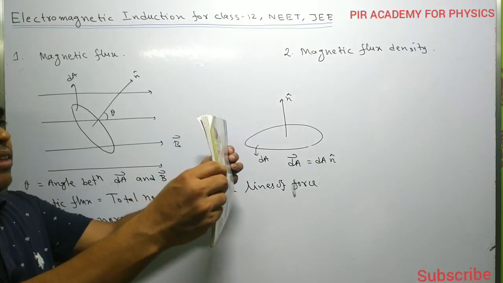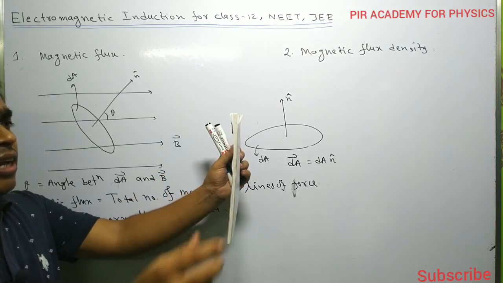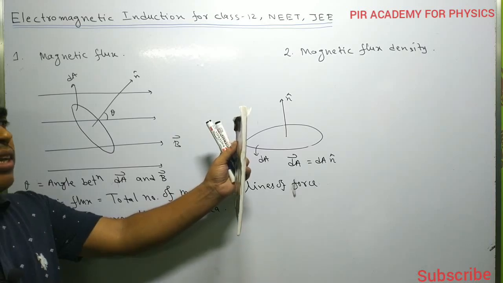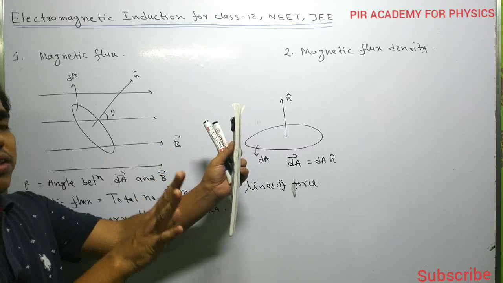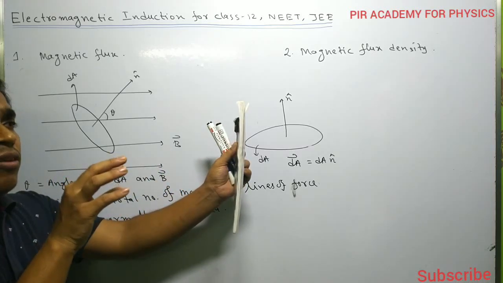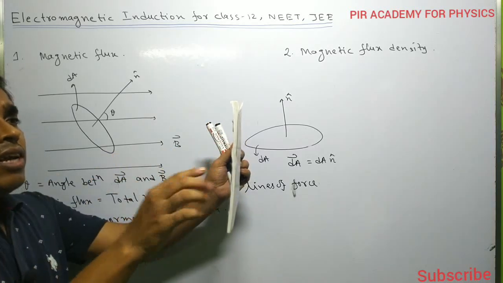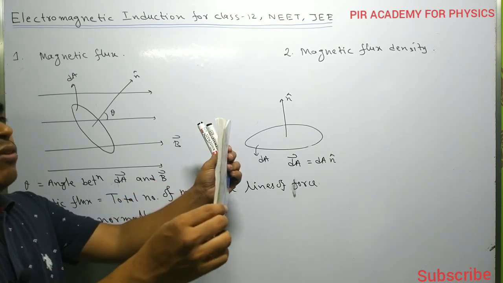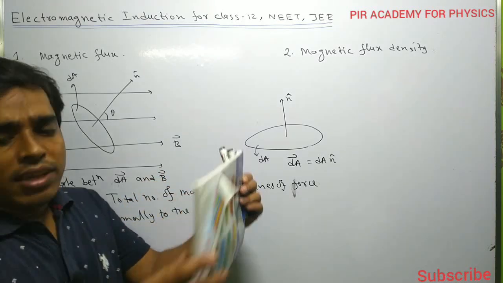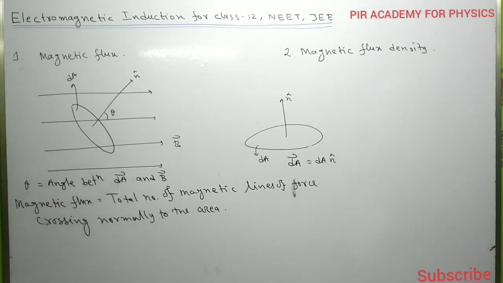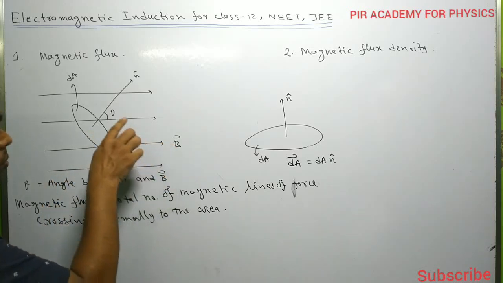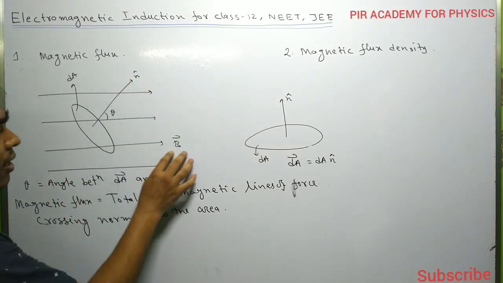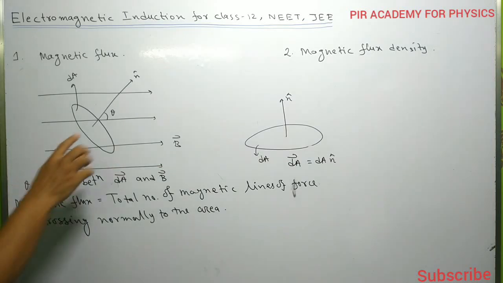If I place this area in this way, then the maximum number of magnetic lines of force cross this area normally. You have to keep in mind that the angle between the area vector and the magnetic field is theta.